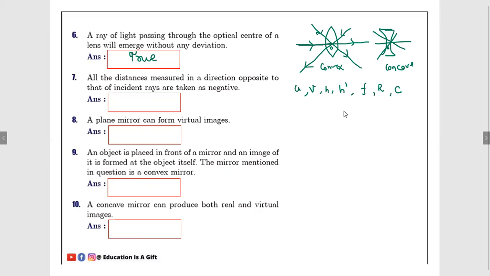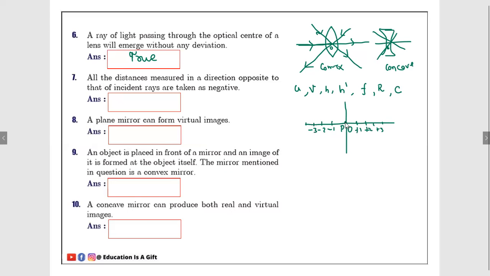And a simple thing to understand: consider one Cartesian plane. This is the center. If it is a mirror, go with pole P. If it is a lens, go with optic center O. And you know this Cartesian plane, here all these values will be positive, +1, +2, +3, etc. And here all these values will be negative, -1, -2, -3.